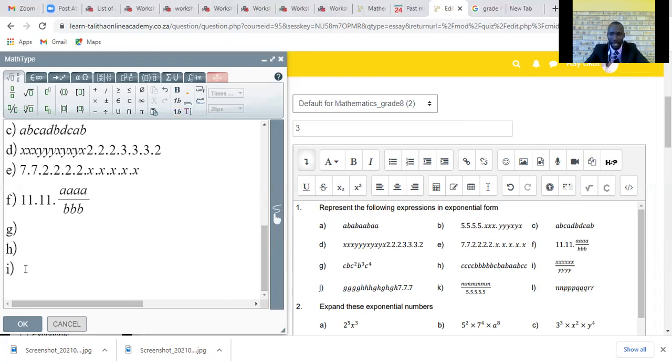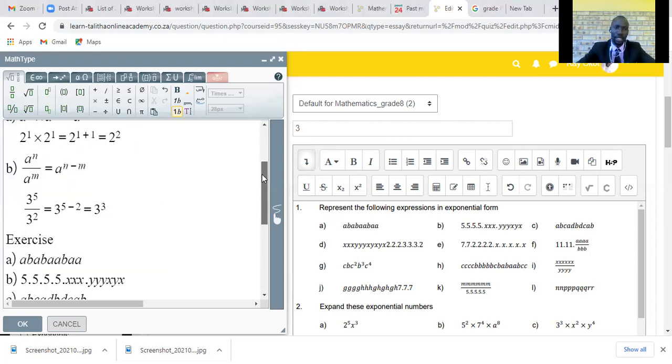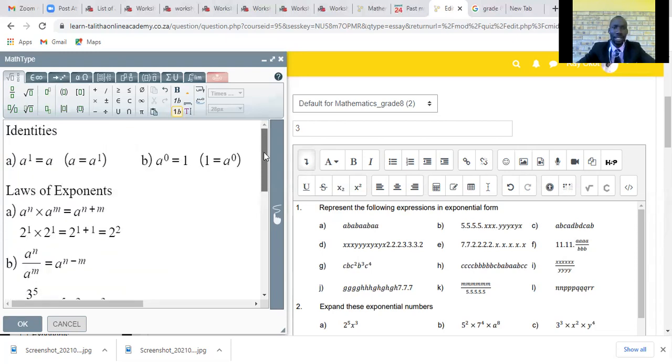And so, what is I? Well, I is a fraction, and this fraction has 6 x's: 1, 2, 3, 4, 5, 6. Then 4 y's: 1, 2, 3, 4. Now, the thing here is we want to find a way of writing them with exponents, like the way we have been writing these things here.